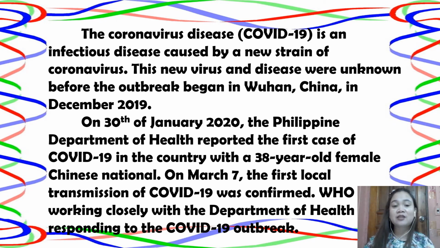On the 30th of January 2020, the Philippine Department of Health reported the first case of COVID-19 in the country, a 38-year-old female Chinese national. On March 7, the first local transmission of COVID-19 was confirmed. WHO is working closely with the Department of Health in responding to the COVID-19 outbreak.